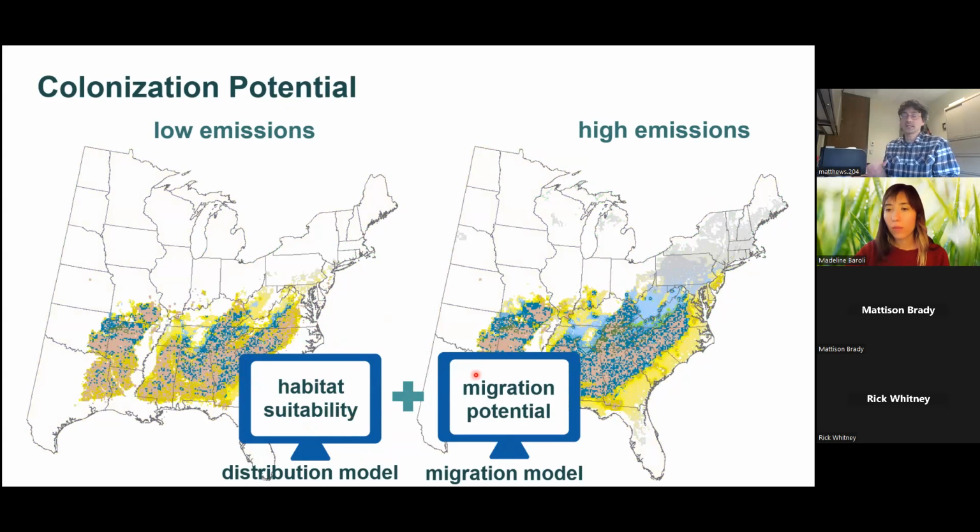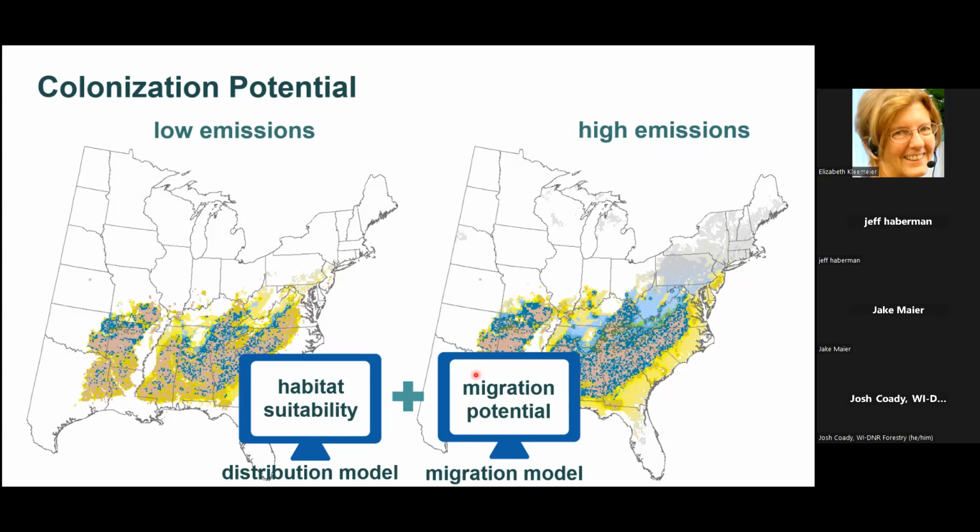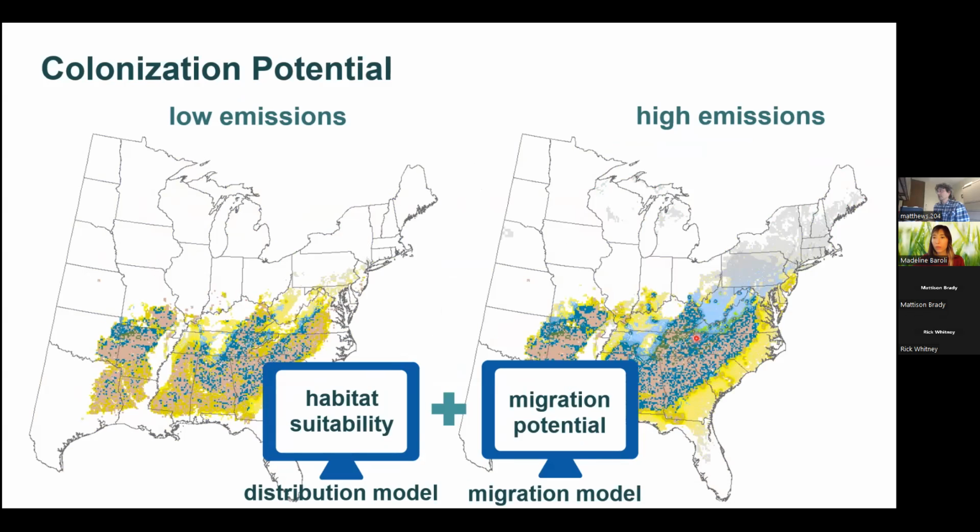And then based on a couple of generations of that tree, what is the likelihood that it would be able to colonize? Essentially, where we have the blues, there's a higher likelihood of infilling the range, and expansion of a couple 100 kilometers. And then really, though there's habitat further to the northeast, there's very low chance of it actually being able to make it there. So that's an important dimension of the atlas.